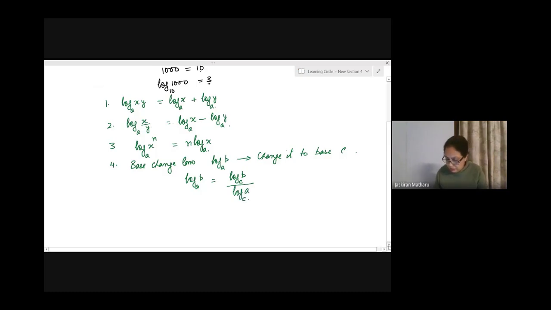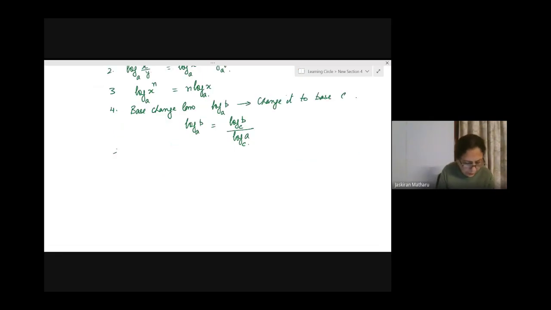Then there are certain other things that we have to remember. These are basically applications of whatever we have done so far. So some of the applications of the above laws are as follows. Log of 1 to the base a, or log of 1 to any base, is equal to 0.